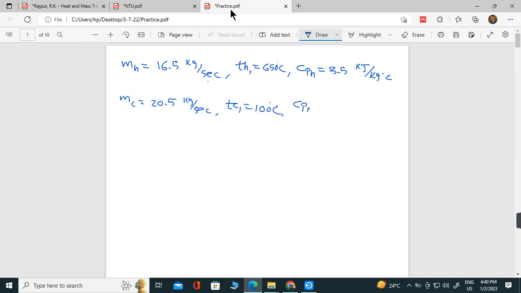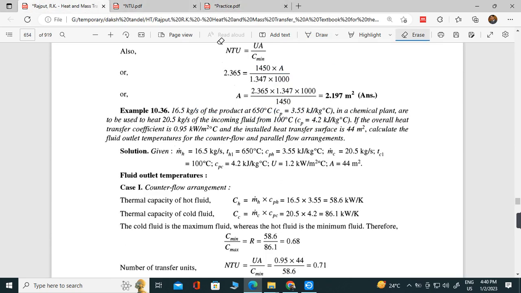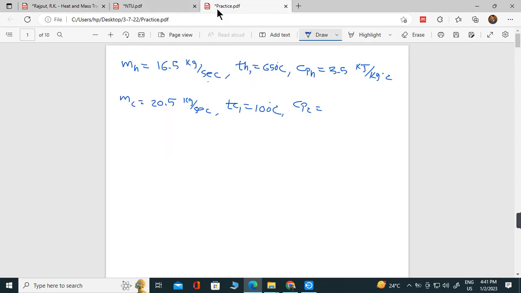CPC is also given. What is CPC? That is 4.2 kilojoule per kg degree centigrade.